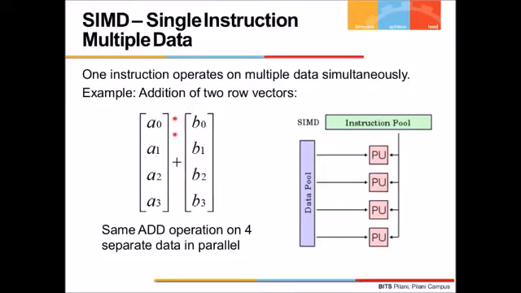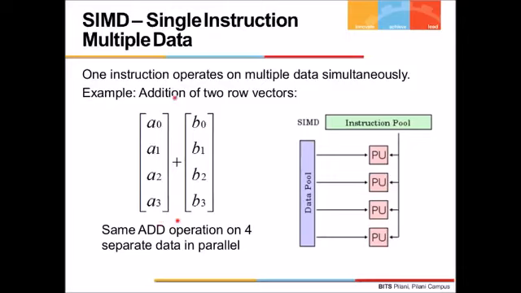So for example, in this case, you can see this is a column vector A0, A1, A2, A3, and B0, B1, B2, B3 is another column vector. You want to calculate A0 plus B0, A1 plus B1, A2 plus B2, and A3 plus B3. In a normal processor, you have to have a loop which will run 4 times and you will be doing that add operation, right? But in the case of SIMD, what happens?